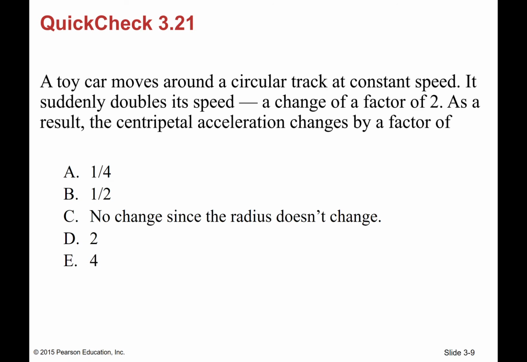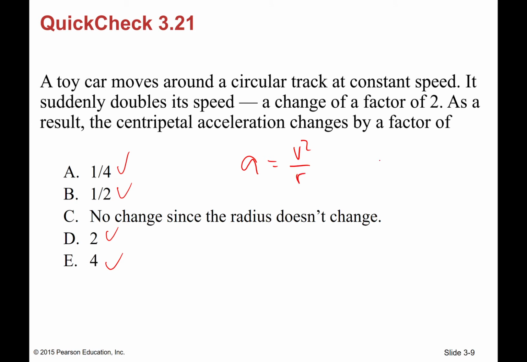Question. You have a toy car that moves around a circular track at constant speed. Suddenly the speed doubles. What is the change in the acceleration? Is it 1/4, 1/2, 2, or 4? Take a minute and then come back. So remember, the acceleration is v squared over r.